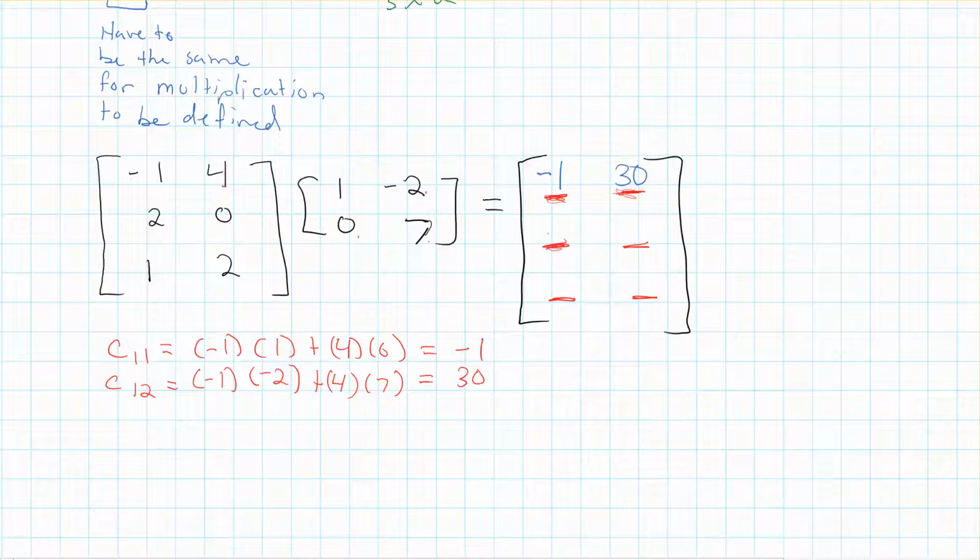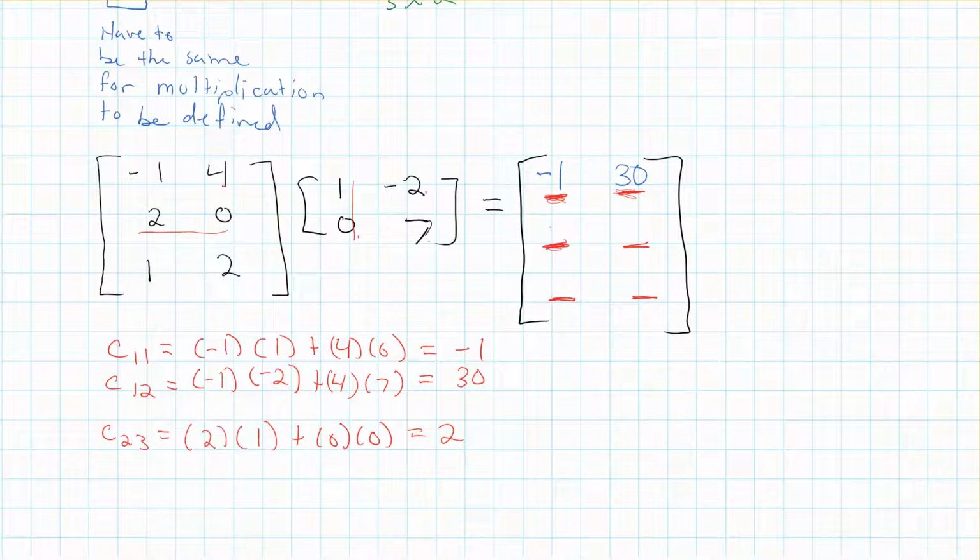That's row 2, column 1. So C23 would be equal to 2 times 1 plus 0 times 0, which of course is just equal to 2. So I have a 2 here.